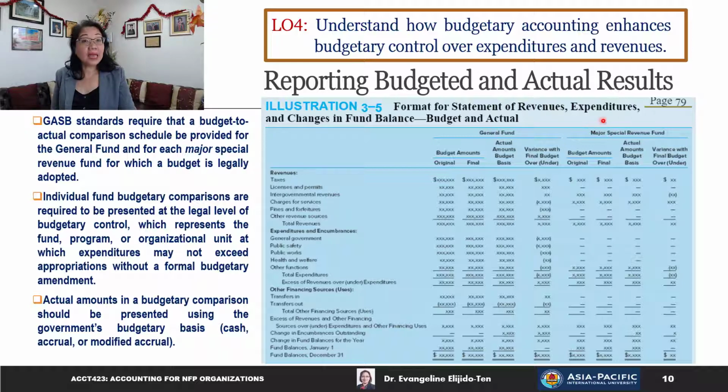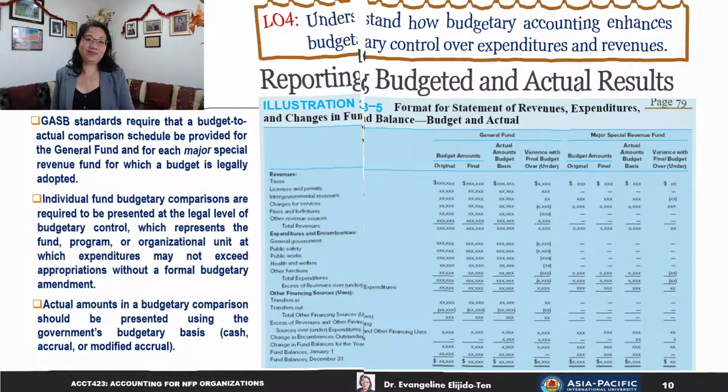For any major special revenue fund, you will do the same. You will show the original budget, the final budget, and the actual. And the difference between your final and actual will be shown in the variance column, and it will highlight whether there is any over or under budget.